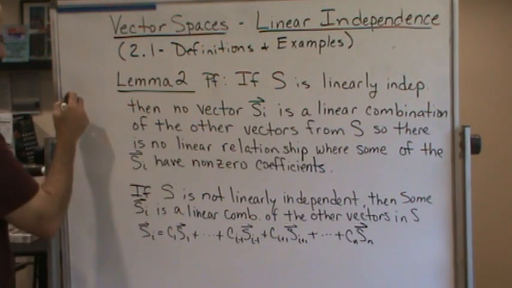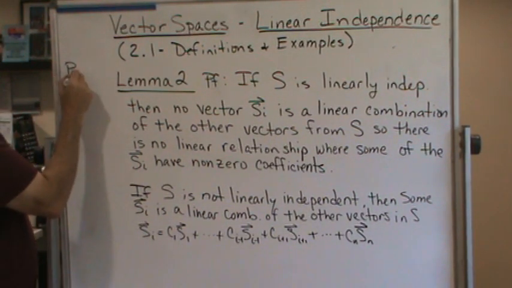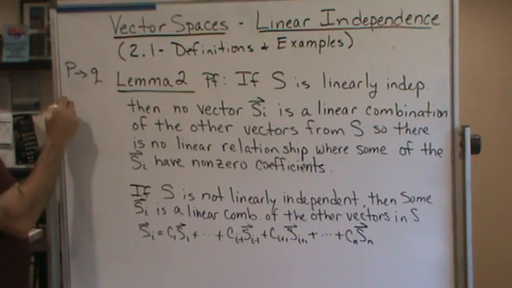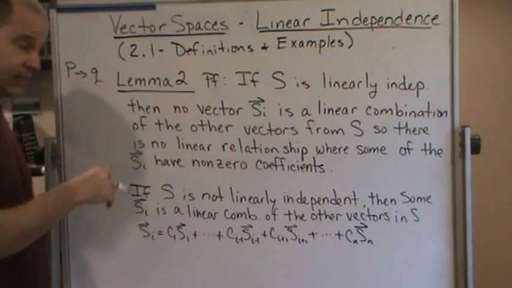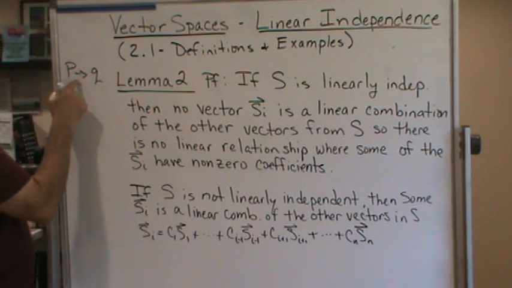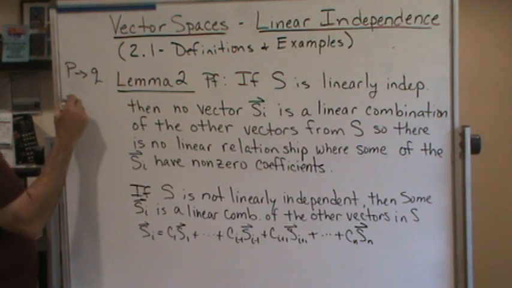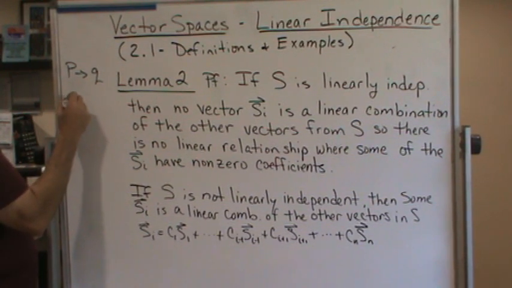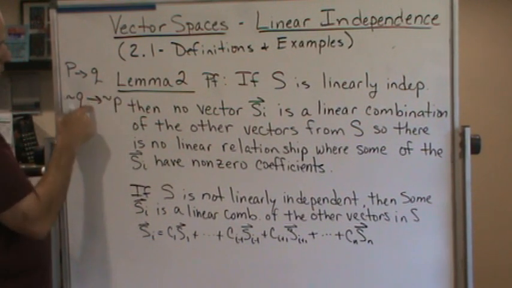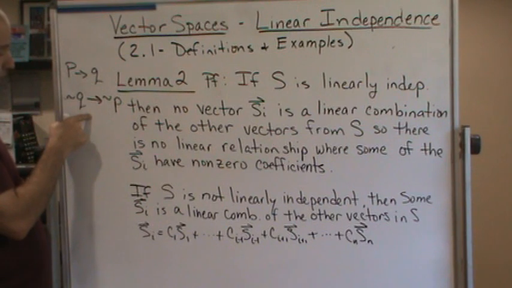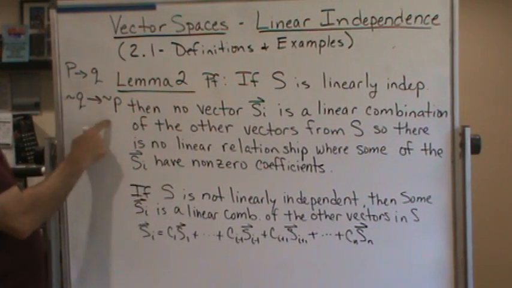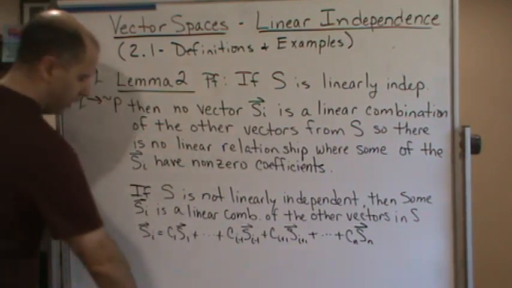For example, you can prove that P implies Q by direct proof, or you could do what we did in a previous example, proof by contrapositive, which means that if we could prove not Q implies not P, these two are actually equivalent statements logically. So to prove this direction, we could also just prove this, and it's the same thing.